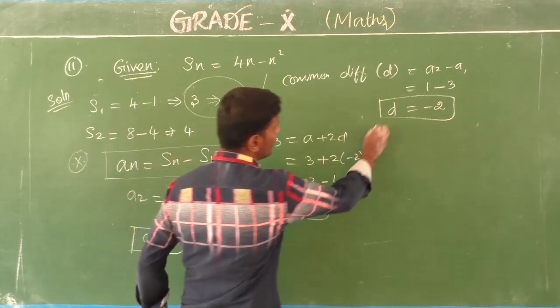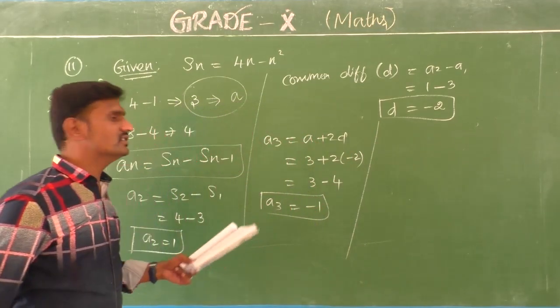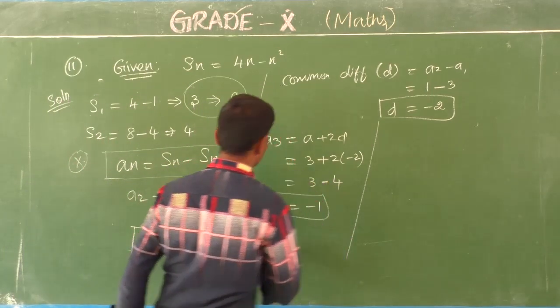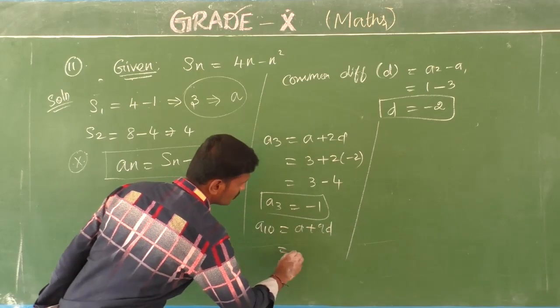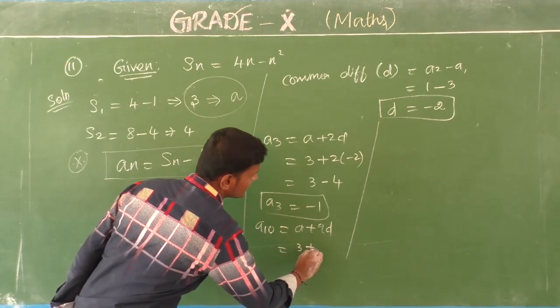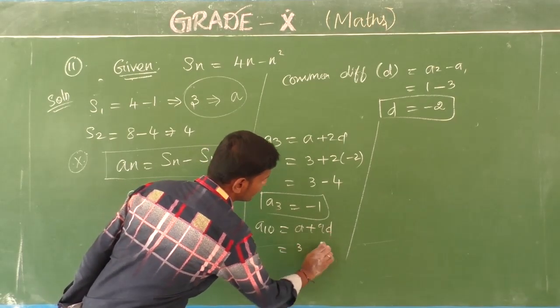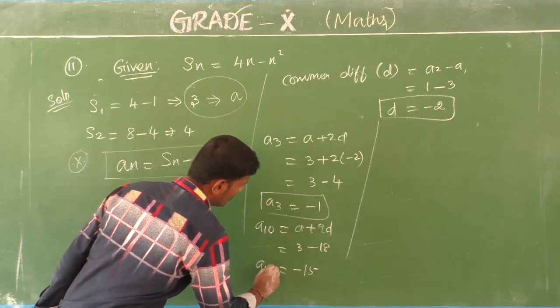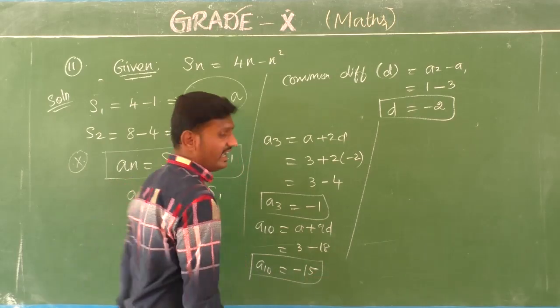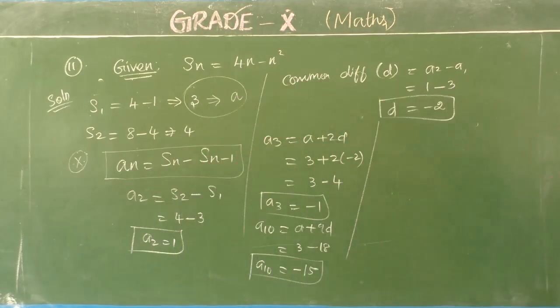And next what are they asking? 10th term. Okay. So for that, A10 is equal to A plus 9D. So A is 3 plus 9 into minus 2 is minus 18. So 3 minus 18 is equal to minus 15. So this is your 10th term, A10 equal to minus 15.